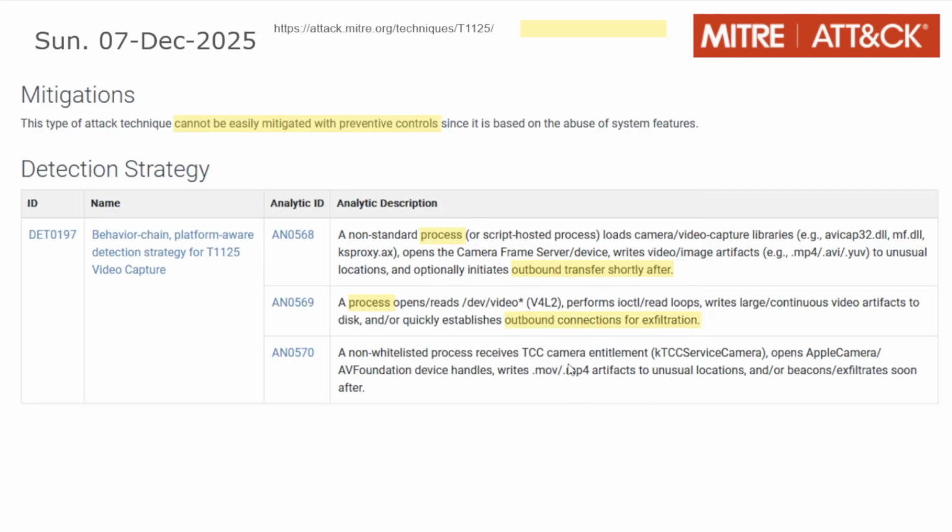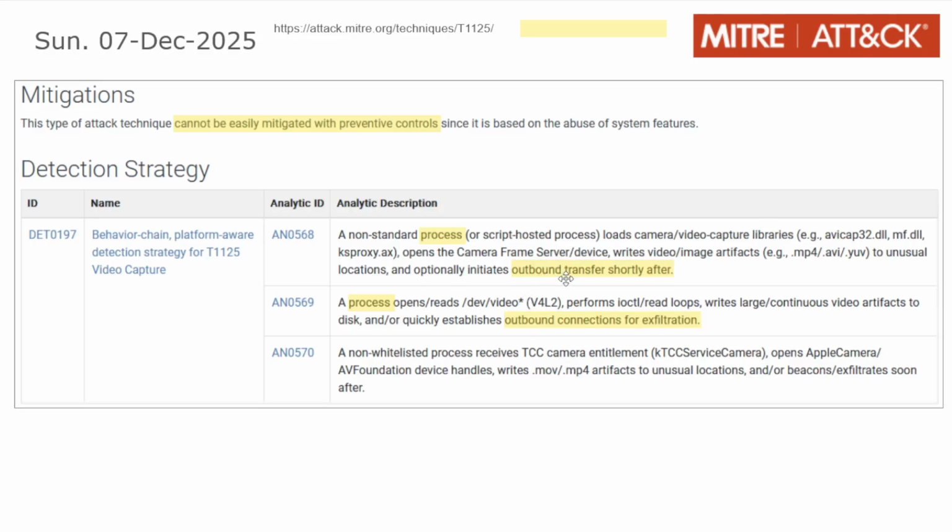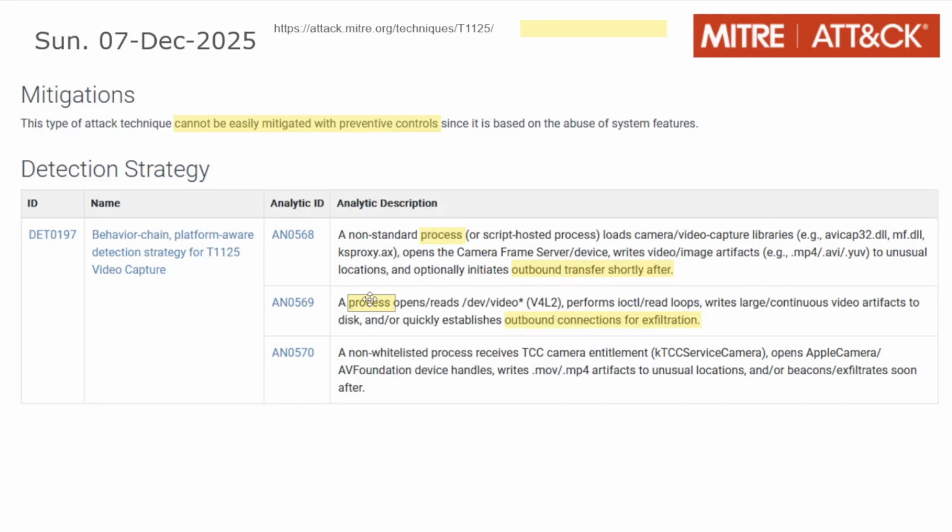So this is the typical thing. Sometimes it also writes to disk. They say it here as well. But if the SOC wants to detect it, you first need this pattern. This pattern is always the same: process, beacon, exfiltration soon after. Okay, that's what it's all about.